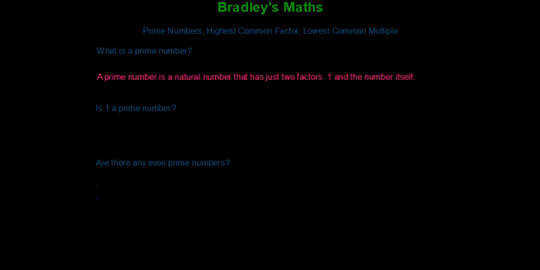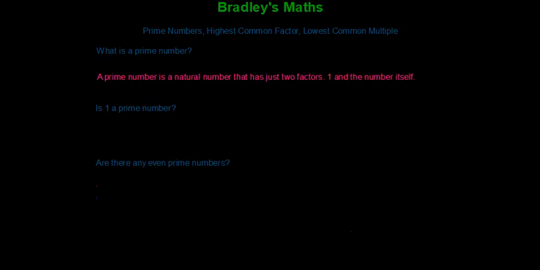What does it mean? It means there are no negative prime numbers. It means there are no fractional prime numbers, just natural numbers, the counting numbers. Do you remember those? Okay, is 1 a prime number? How many factors does 1 have? It's 1 times 1, I guess.